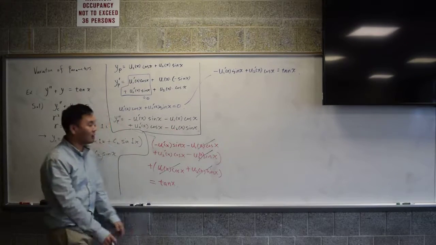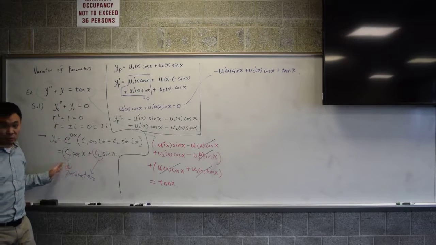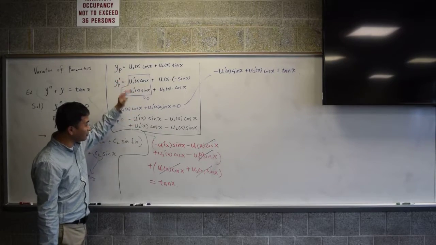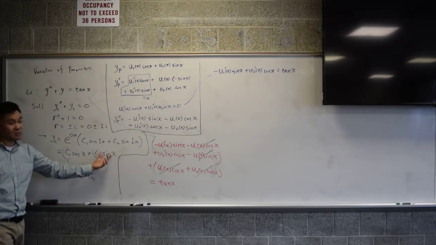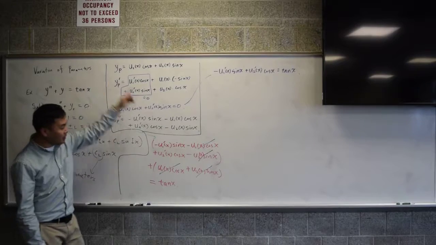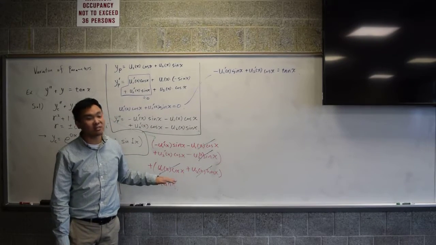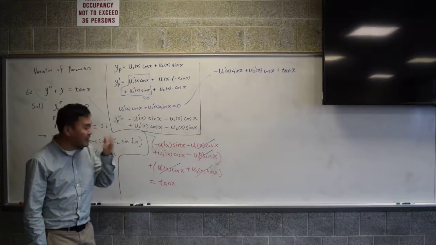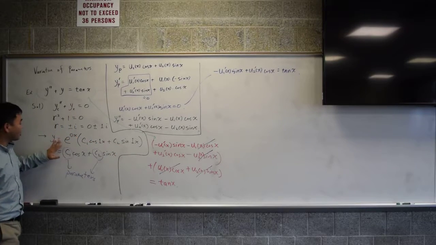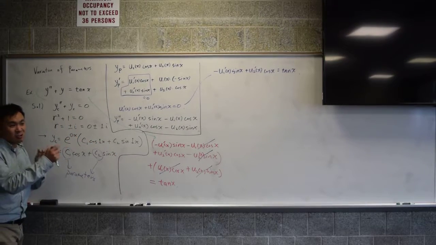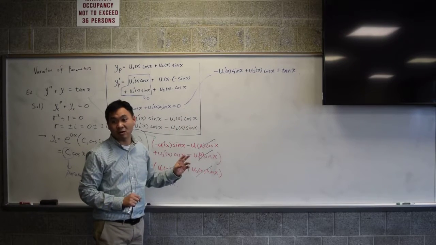So even after treating these C1 and C2 as functions, if we promote them to functions and you plug in, because we had these cosine and sine that were complementary, at the end of the day, we were going to expect some cancellations. So that's the idea behind this variation of parameters. Use the complementary solution, somehow tweak it a little bit so that you can end up with the particular solution.